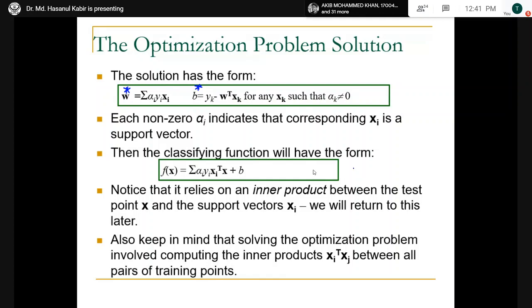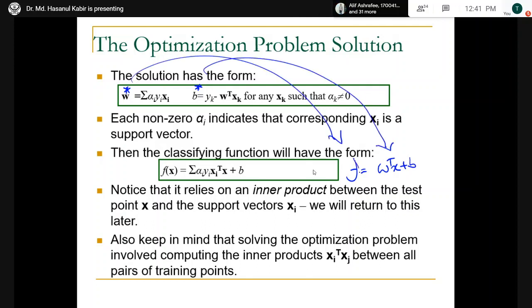You simply compute F equal to W transpose X plus B. All these values of W and B come over here and you can find the value of F. Correct?